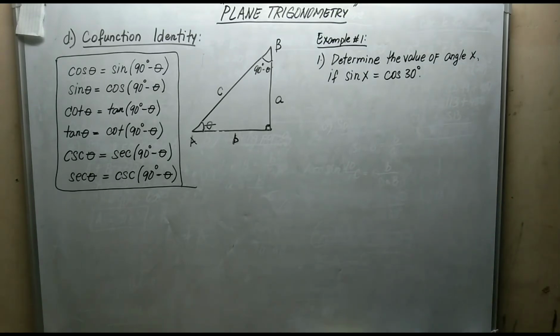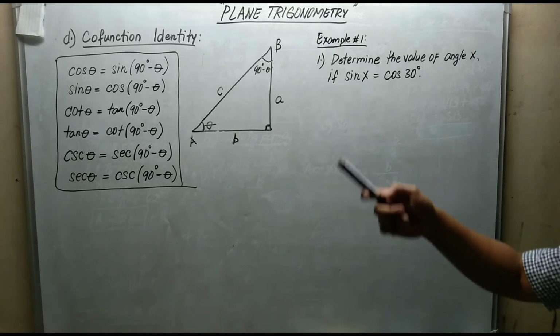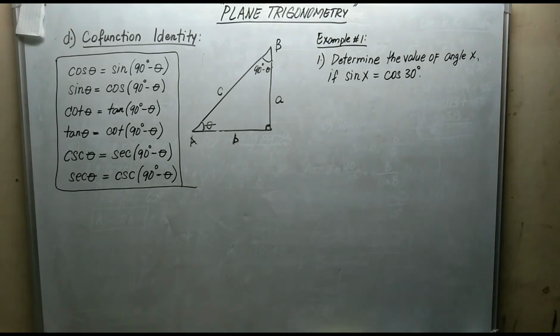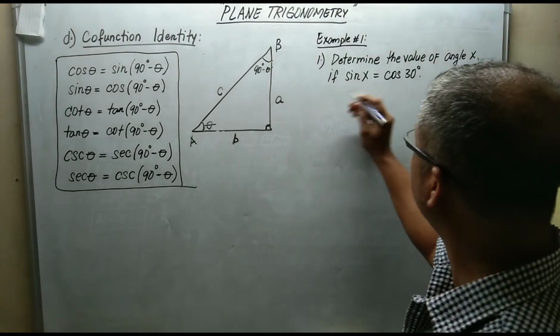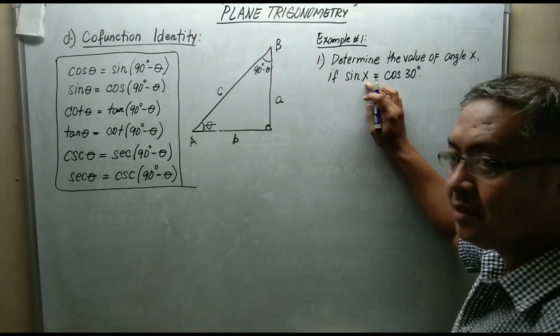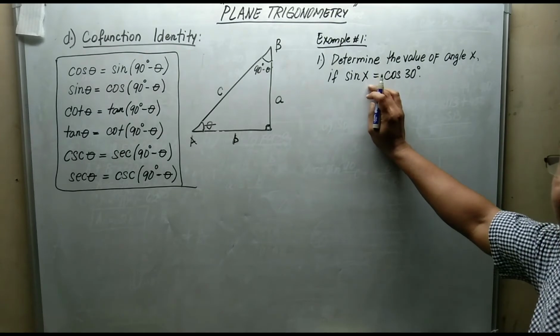Okay, guys, you remember the 6 cofunction identities. So solution, we need to find the value of x, how much angle in terms of degrees.